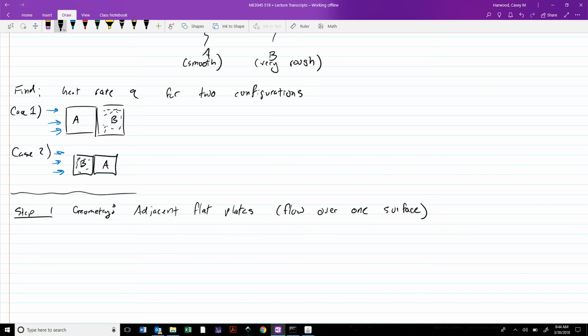This is opposed to the last example we did, where you guys observed that it was flow over two surfaces of a flat plate, which led to double the drag and double the heat transfer that you'd have over one surface. So it's important to make that distinction.